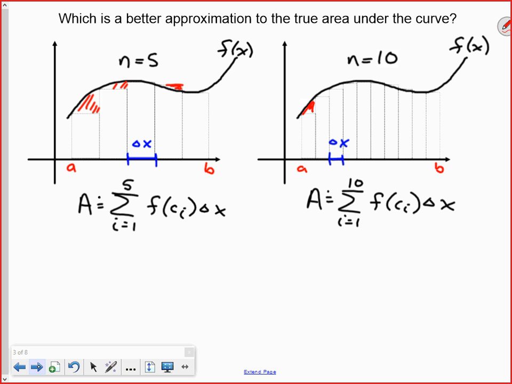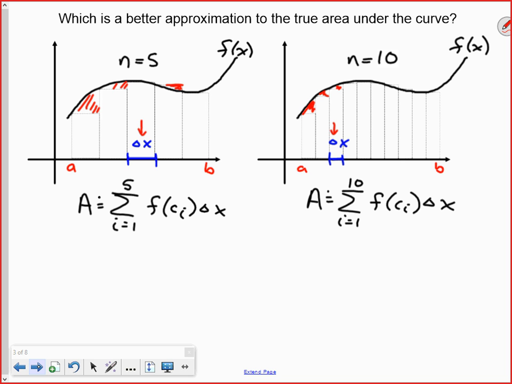I don't think it's too much of a stretch to say that you can tell just by looking at this that the n equals 10 Riemann sum is a better approximation of the true area under the curve, because there's less of that red area that is either wasted or included. The other difference between them is, of course, the width of each interval. As we increase the number of intervals, and if we're keeping a and b the same, our value of delta x gets smaller, because we're partitioning this distance from a to b into smaller and smaller intervals.